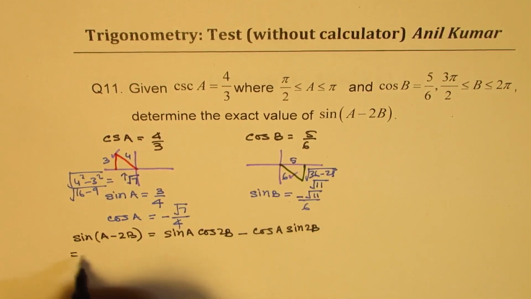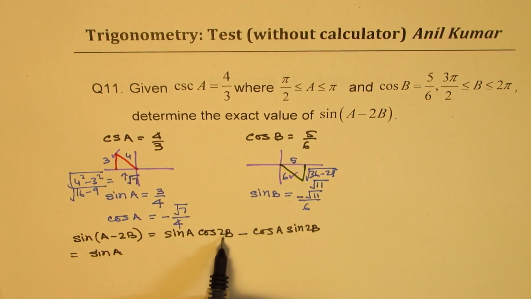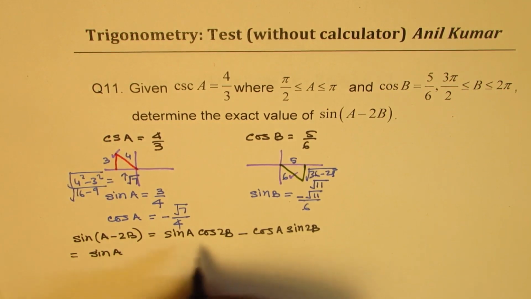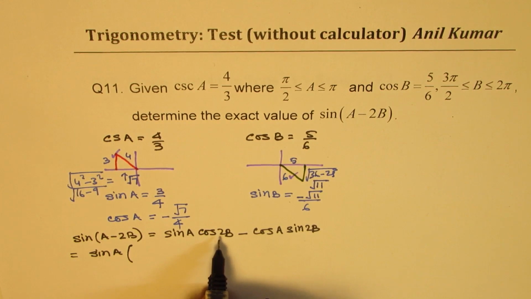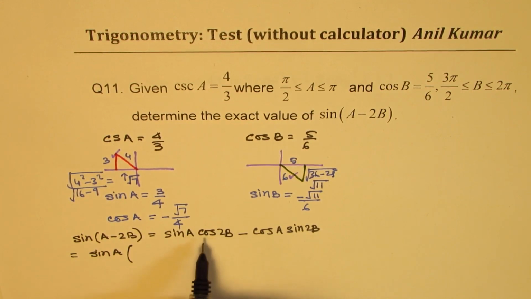Now we can write these double angles in single angle, right? Now cos 2B could be written as cos squared B minus sine squared B. So that is one way of writing.